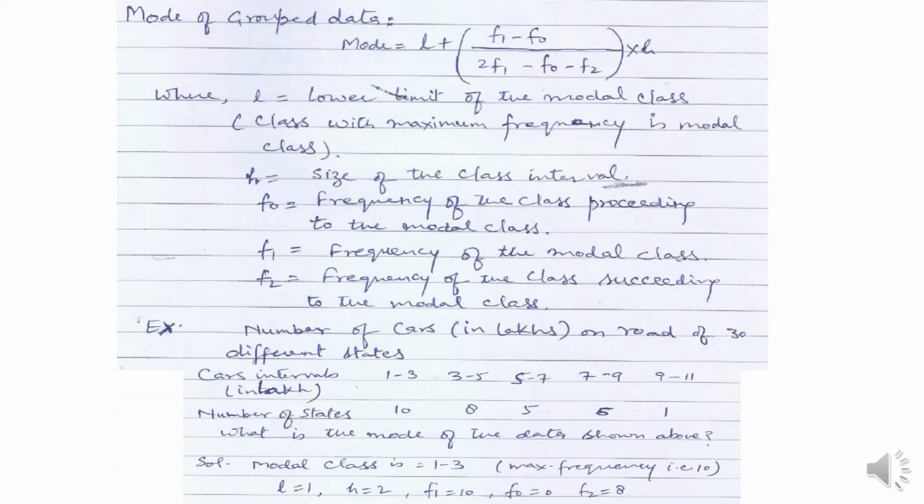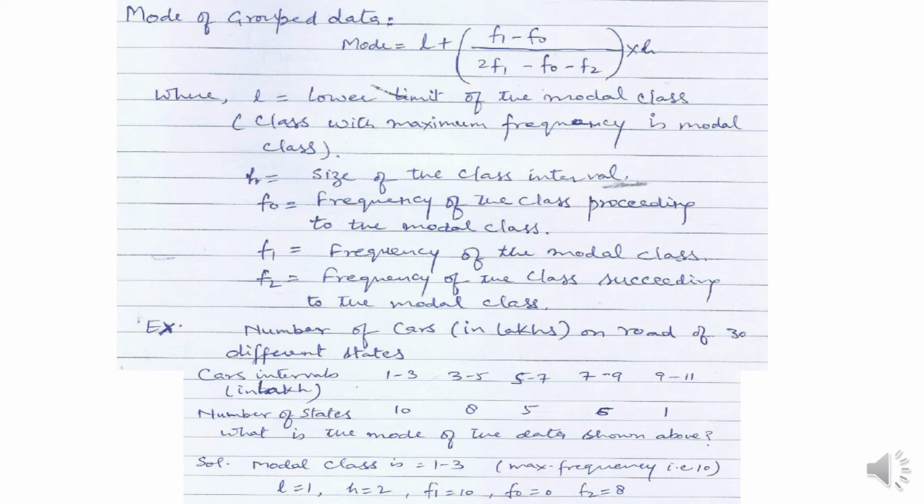Now the mode of grouped data. Here also we will use a formula. Just remember this formula: L plus f1 minus f0 upon 2 f1 minus f0 minus f2 into h. The meaning of it is that we will first find the modal class, as we found the median class, and the lower limit is L. What is the modal class?